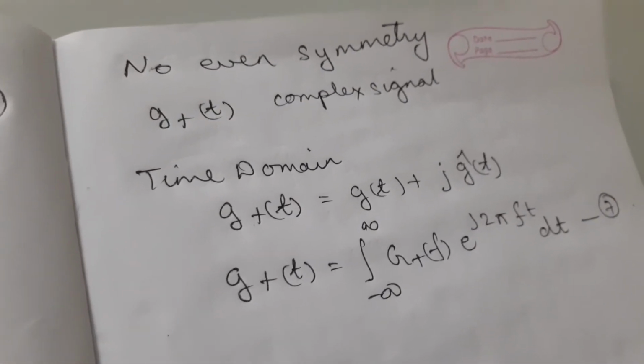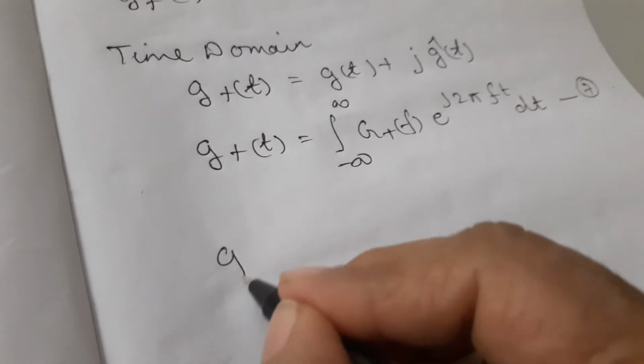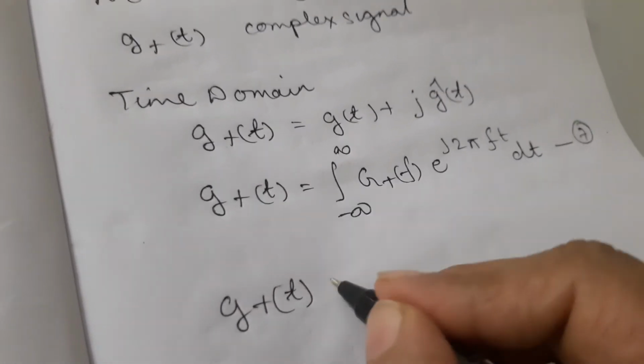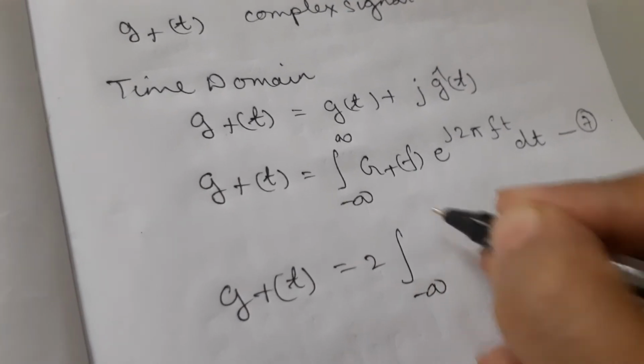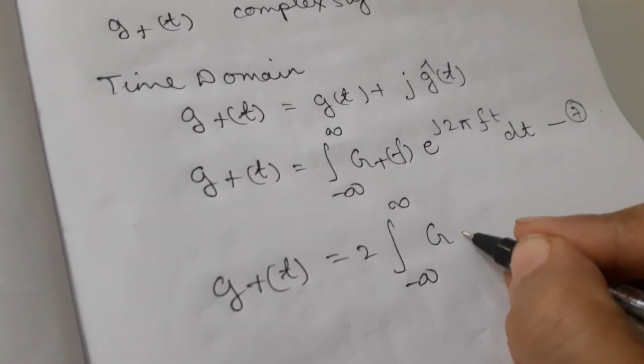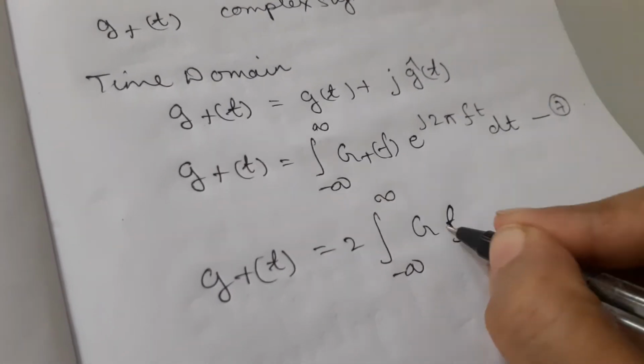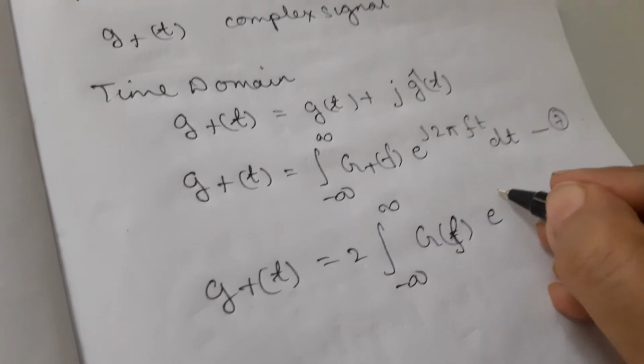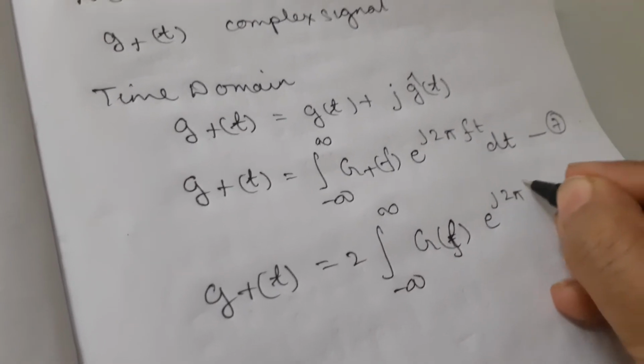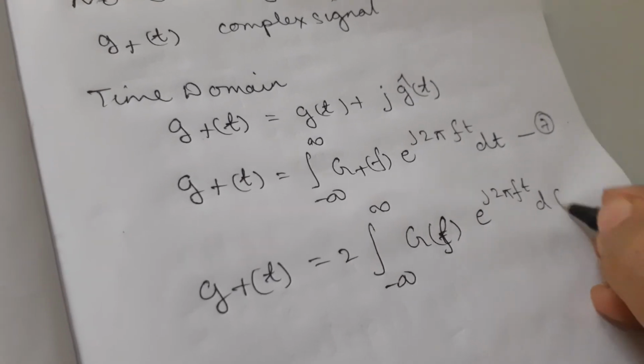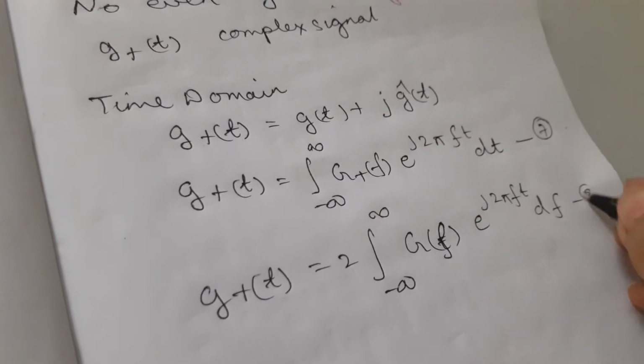Making use of equation number 6, we can write g plus of t equal to 2 times the integral from minus infinity to infinity of g of f exponential j2 pi ft d of f. Let this be the 8th equation.